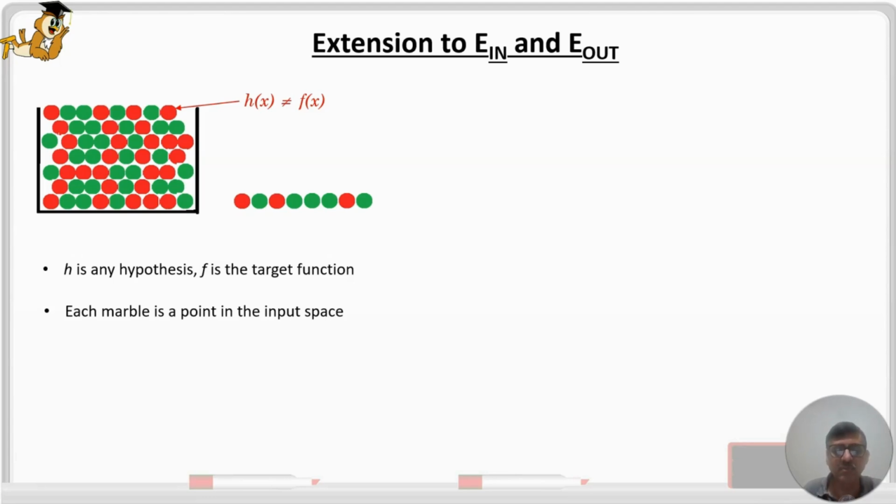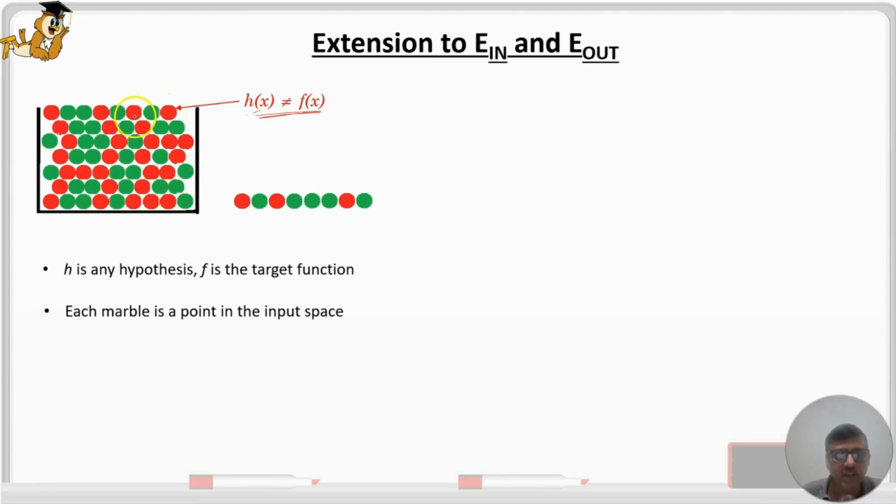So the red marbles are the ones where the output of the chosen hypothesis, H could be any hypothesis, does not equal F. And remember, these marbles represent points in the input space.